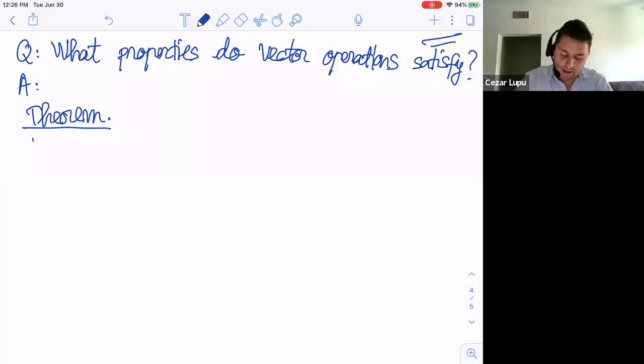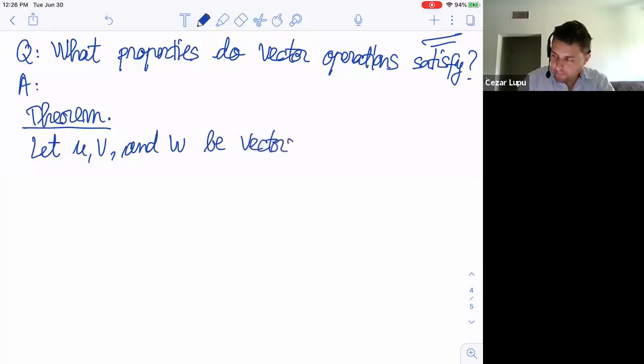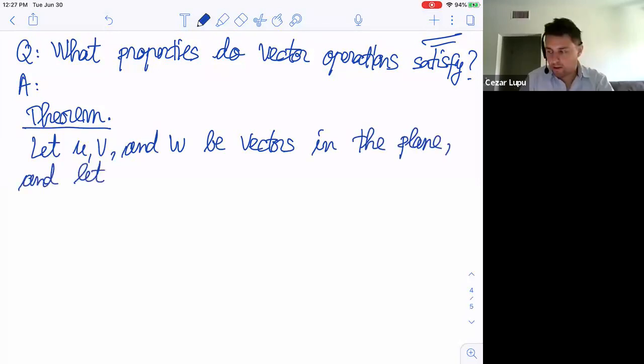Okay, so let u, v, and w be vectors in the plane, and let c and d be scalars.